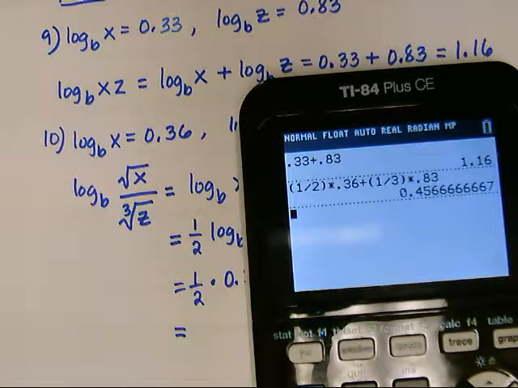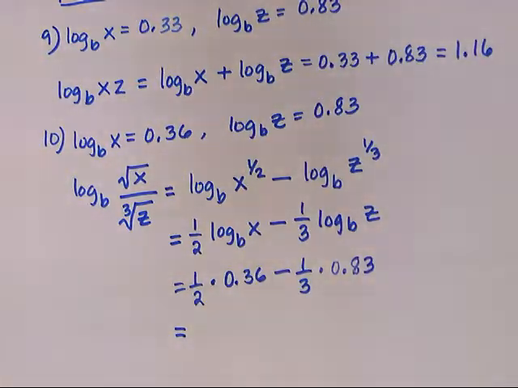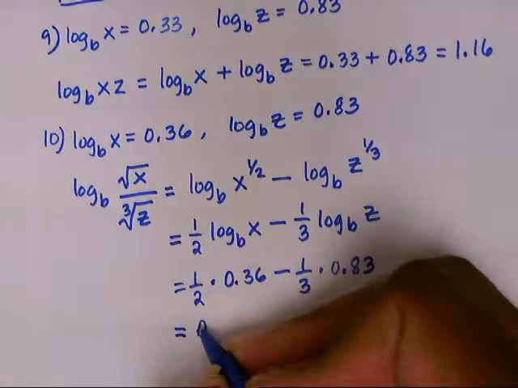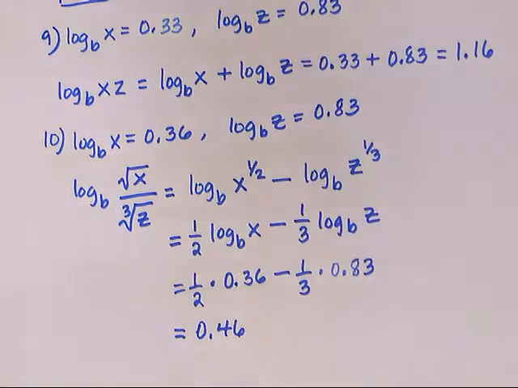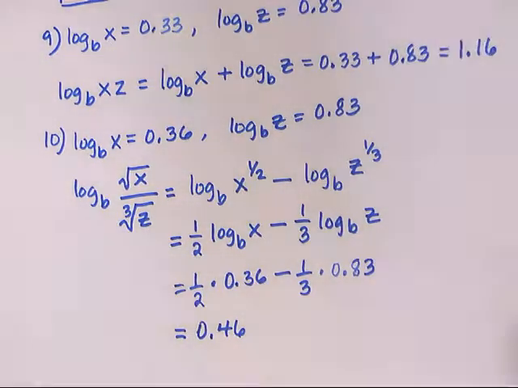And to, let's say, 2 decimal places, this is going to be 0.46. So that's the approximate value of log to the base b of the square root of x over the cube root of z. Okay. So that's number 10.